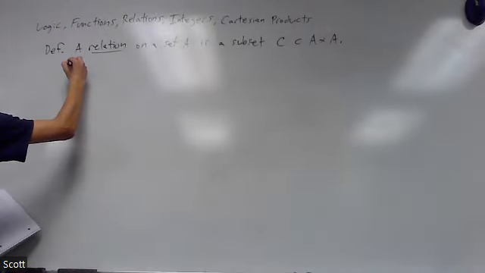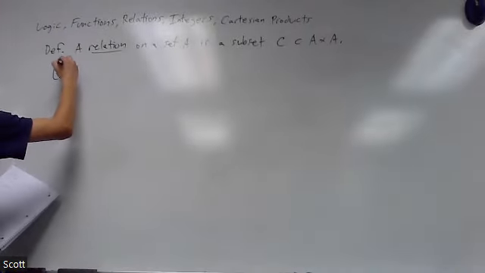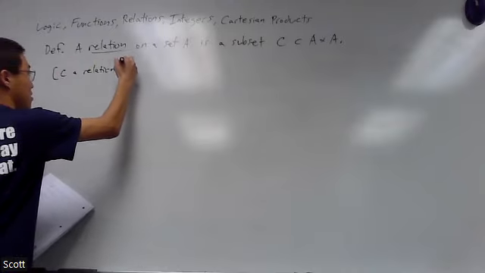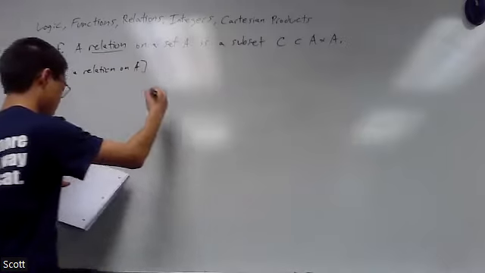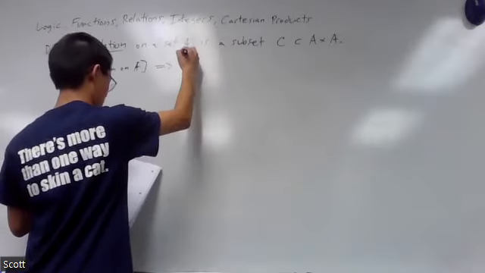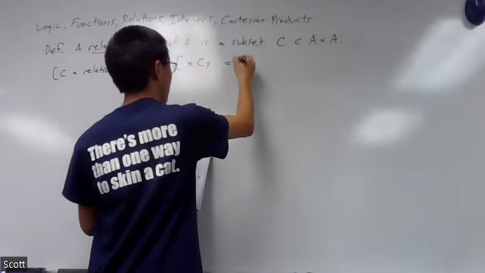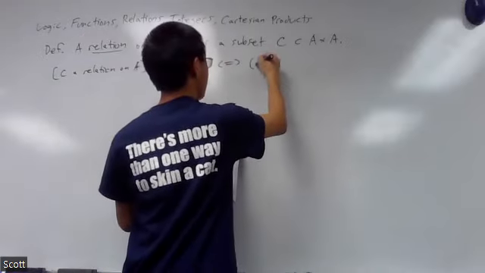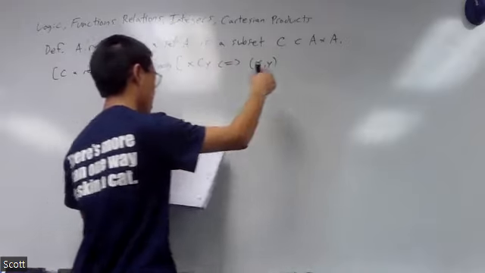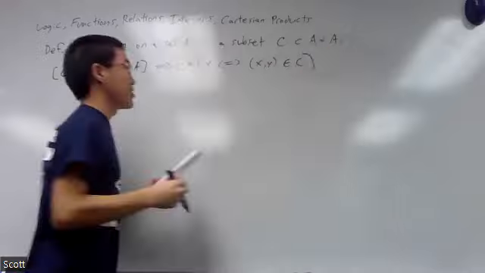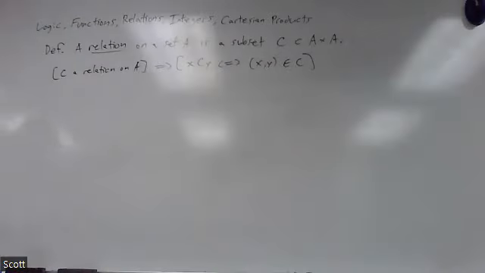So from the definition, it follows that if we have C a relation on A, then we can say that x relates to y if and only if this particular pair, x and y, is contained inside of C, because ultimately the relation is just a subset of the set with itself.